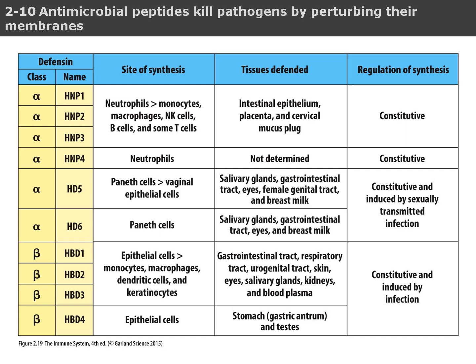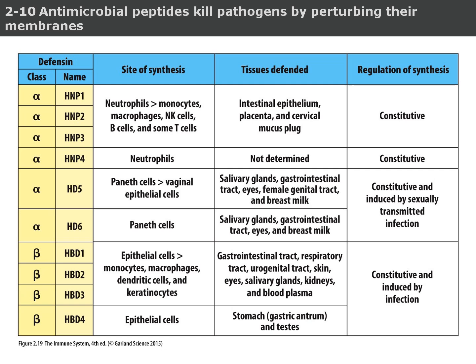These defensins act on tissues such as the intestinal epithelium, placenta, and cervical mucus plug. While the exact tissue targets of HNP4 are unknown, all four are constitutively produced, meaning they are constantly present without requiring infection to stimulate synthesis. HD5 and HD6, also in the alpha class, are produced by Paneth cells in the intestine.